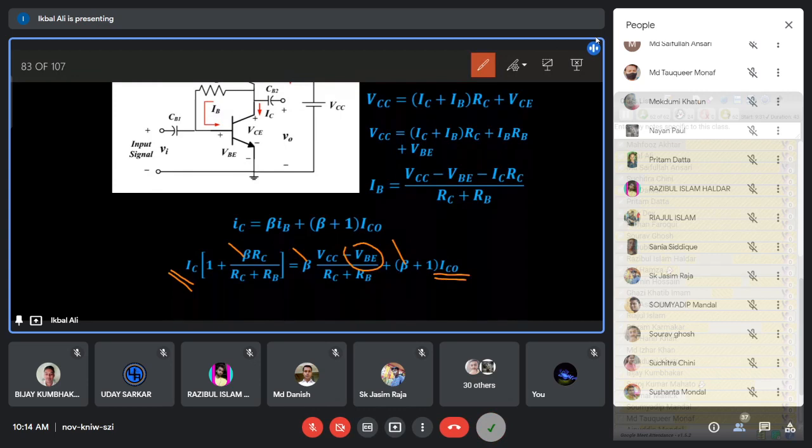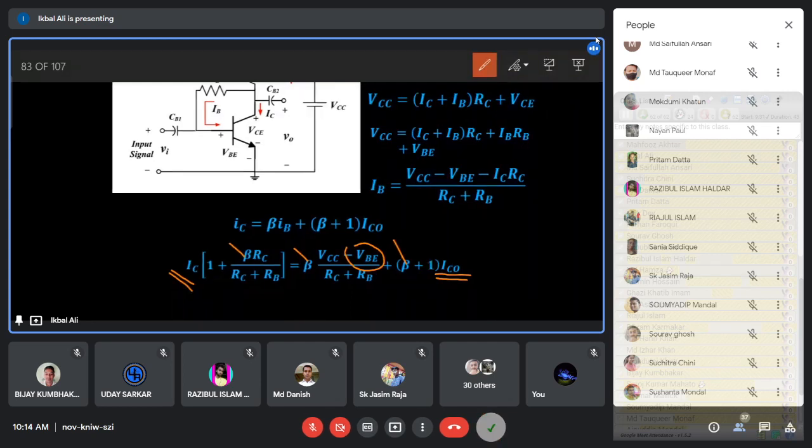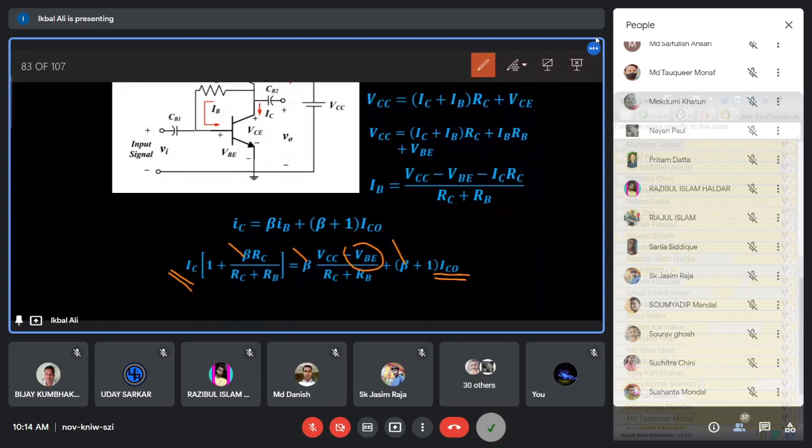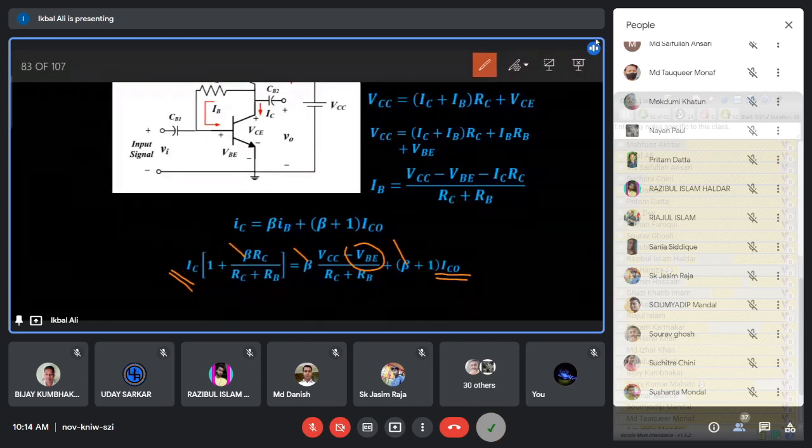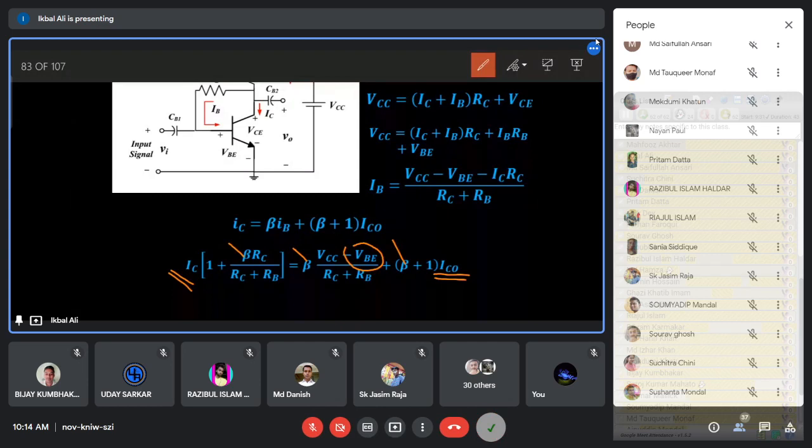So if the temperature changes, you don't have any control over beta, the base emitter voltage, and the collector saturation current. They will change. But ultimately, these changes in beta, VBE, and ICO due to temperature will change the collector current.